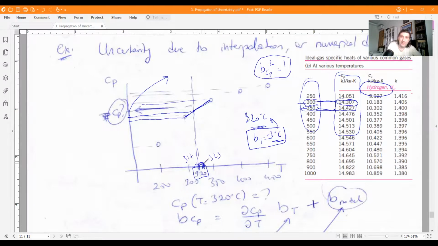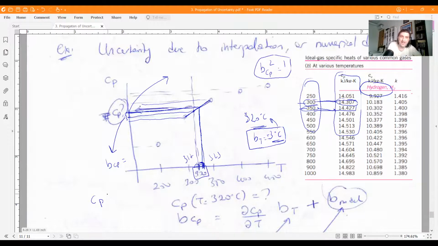Therefore, if you take one part here, basically a change would be like this. So the uncertainty related with Cp is going to be equal to this part. Therefore, this is going to be simply equal to this slope multiplied by this value. And note that this is again using the equation because Cp, or this function itself, is a linear function.